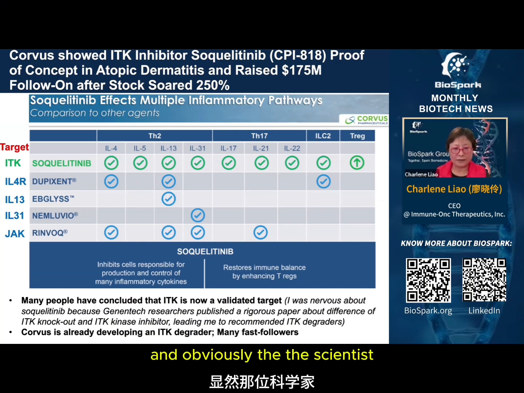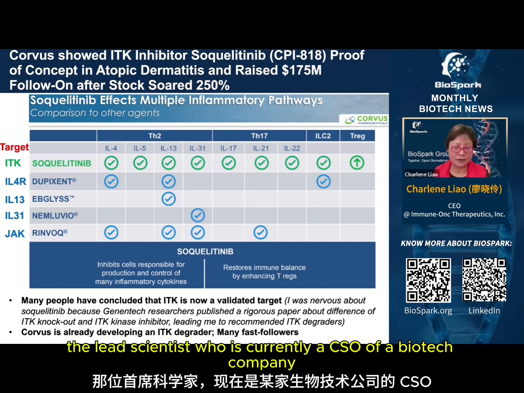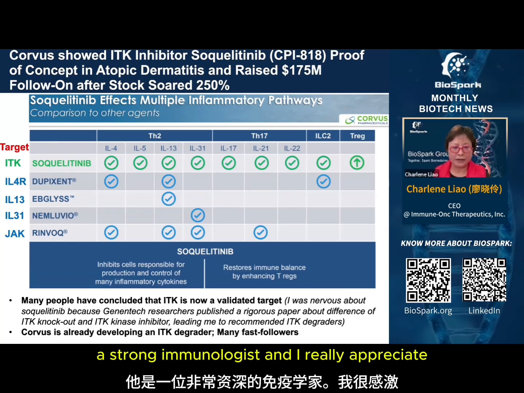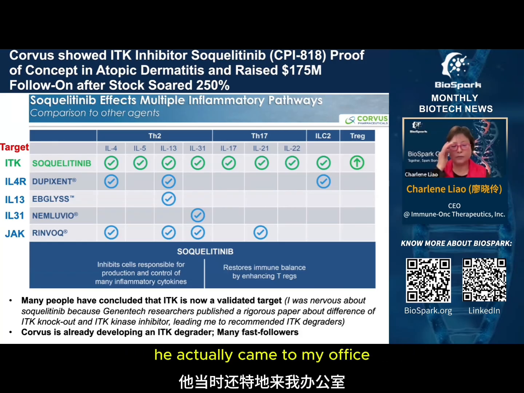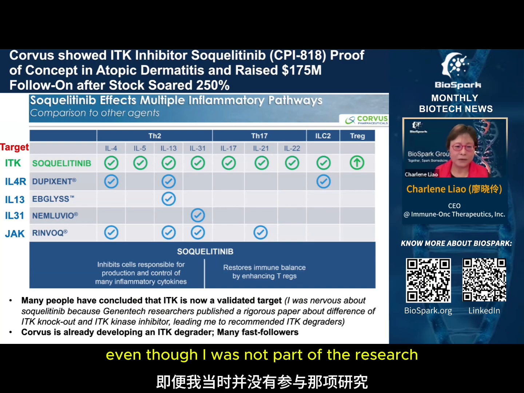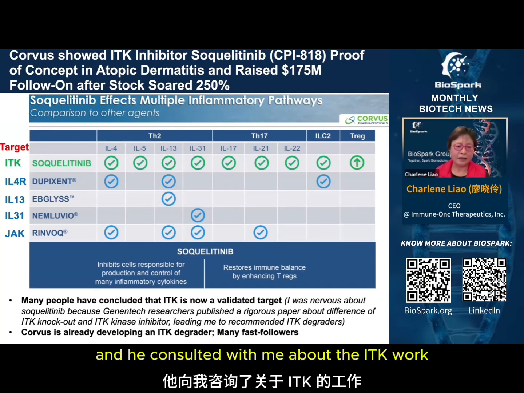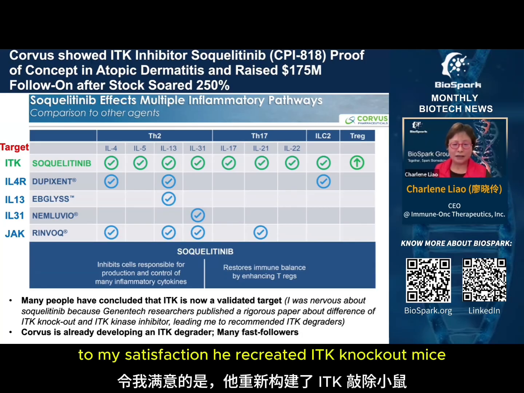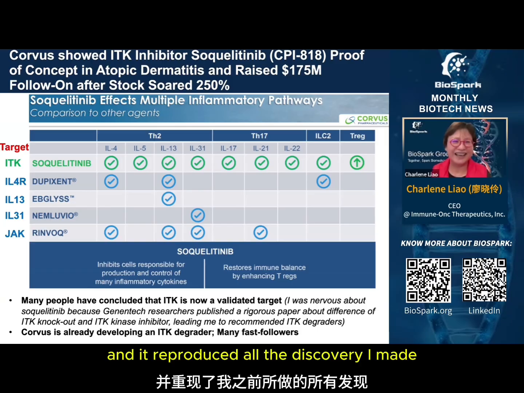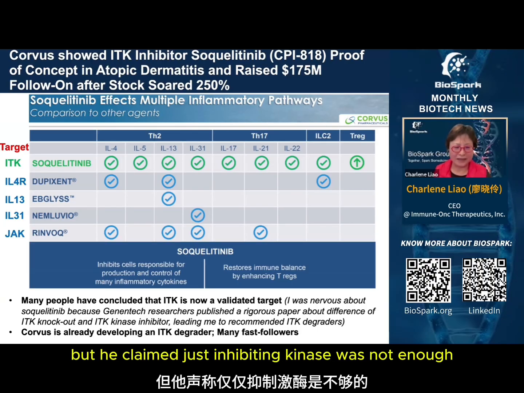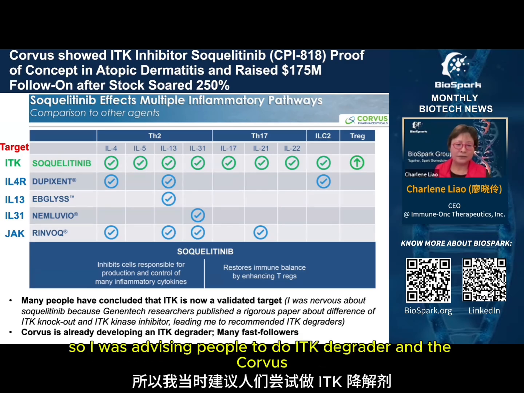And obviously, the lead scientist, who is currently a CSO of a biotech company, a strong immunologist, I really appreciate that he actually came to my office, even though I was not part of the research, and he consulted with me about the ITK work. To my satisfaction, he recreated ITK knockout mice, and it reproduced all the discovery I made, but he claimed that just inhibiting kinase was not enough. So I was advising people to do an ITK degrader.